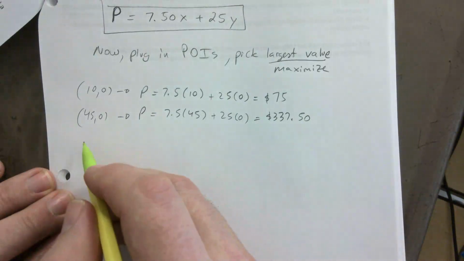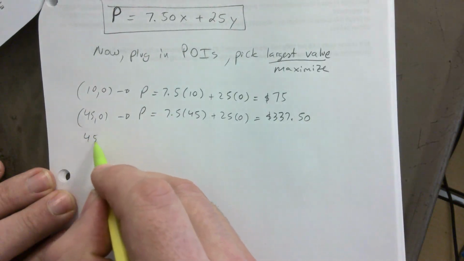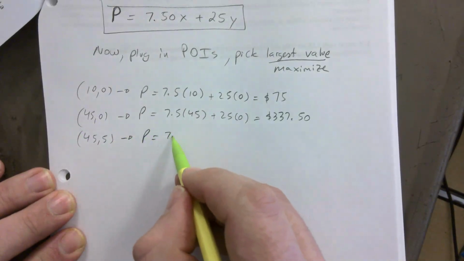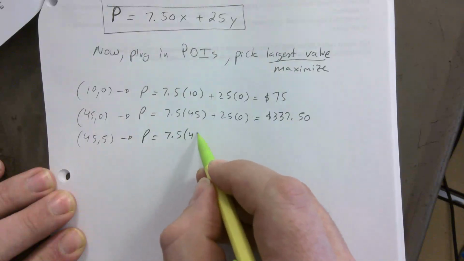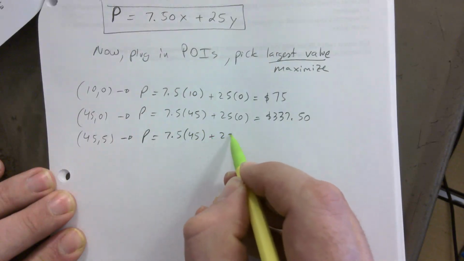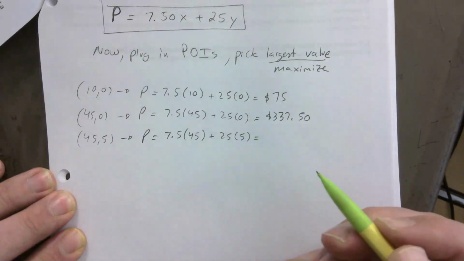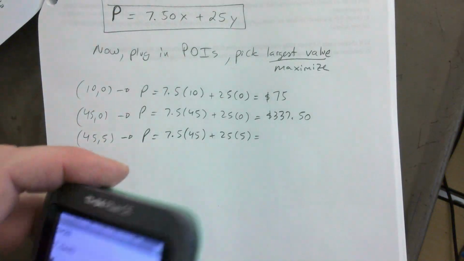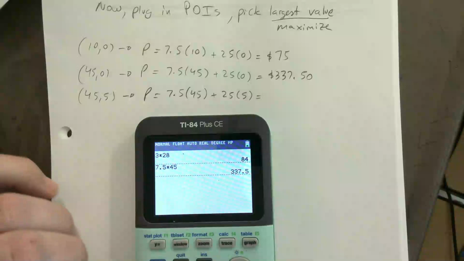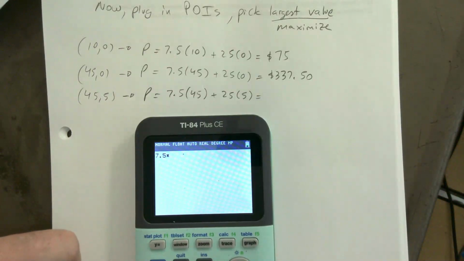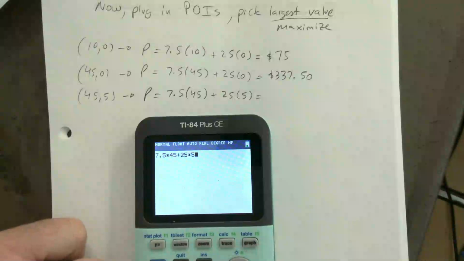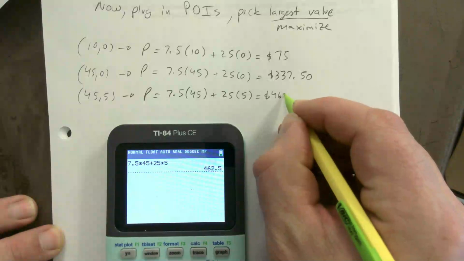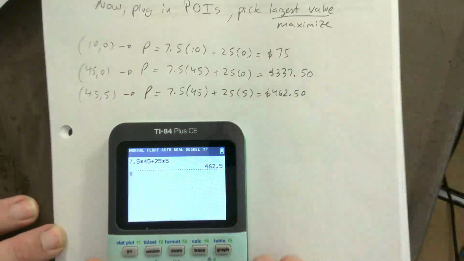Let's keep going. 45, 5. That's 7.5 times 45 plus 25 times 5. And you can just type that into your calculator as is, okay? It will do it for you. That's 462.50. So far that is giving you the maximum income.